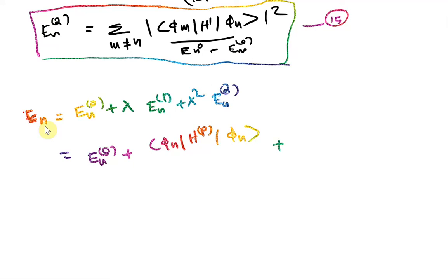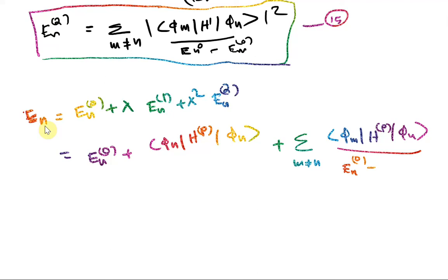And the next term is sigma m not equal to n, phi m, lambda square multiplied with that h prime, it will become HP. Lambda h prime is HP, so it will become phi n, divided by En0 minus Em0. This is the square of this term.